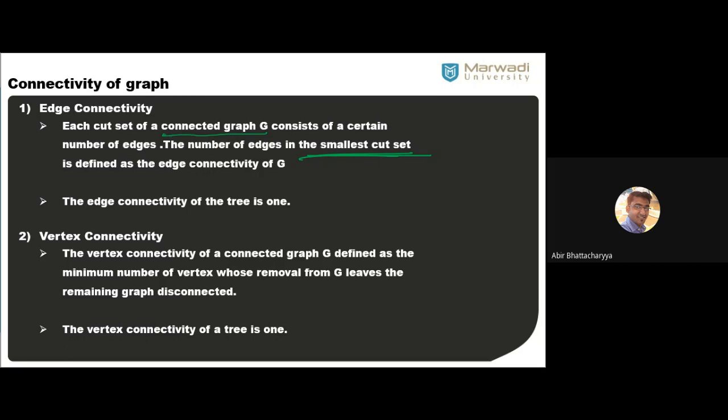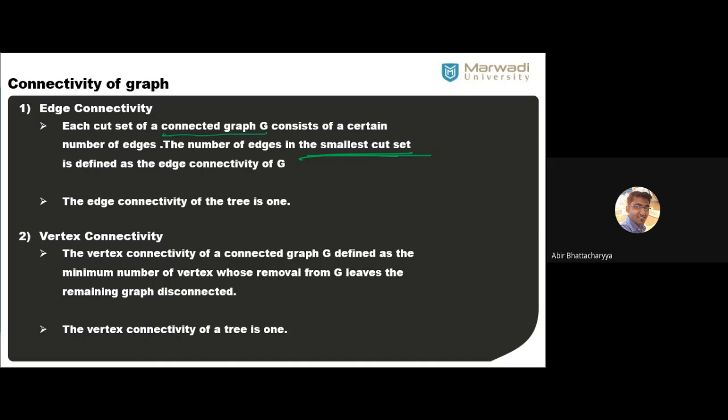If I remove V1 and V3, the graph may become disconnected. So after removing V1 and V3, the graph is disconnected. What is the vertex connectivity of the graph? 2. So it is the minimum number of vertices you have to remove such that the graph becomes disconnected. That is your vertex connectivity.